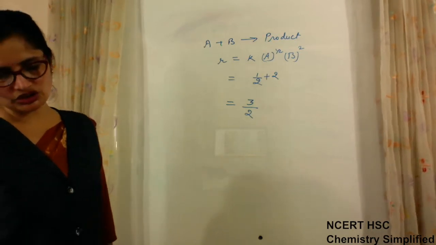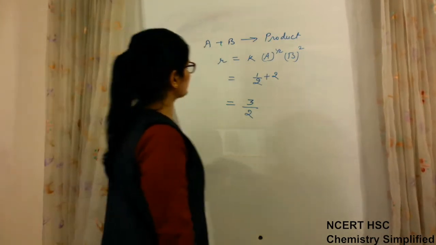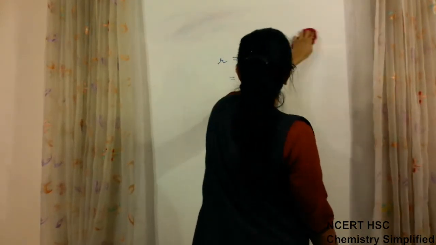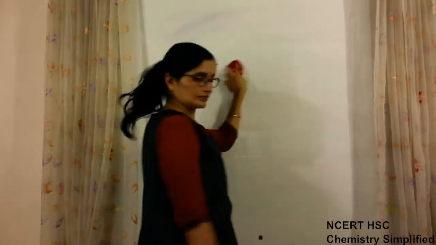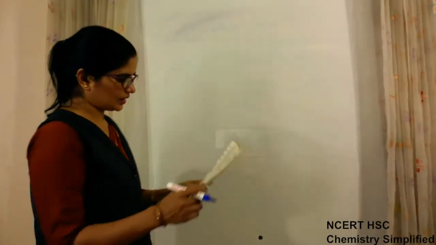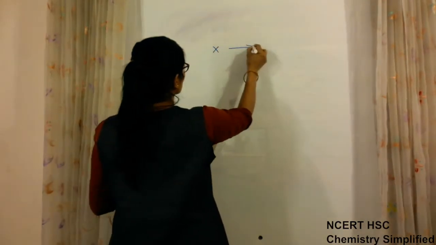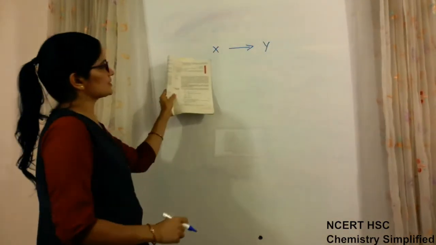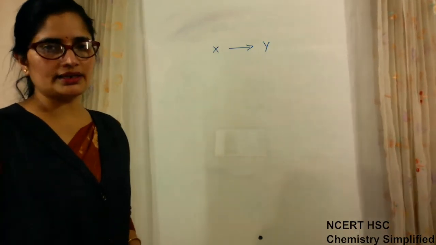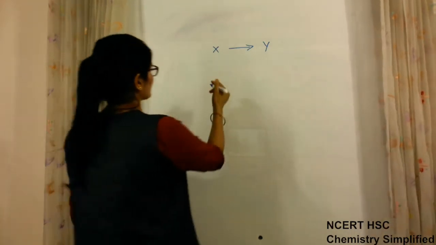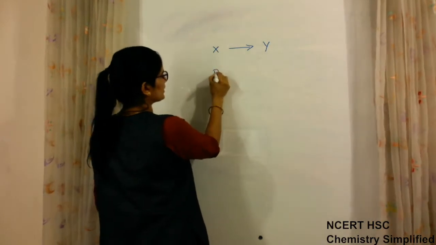Now the second question: the conversion of molecules X to Y, that means X is a reactant, Y is a product, follows second order kinetics. So first thing we will do is write the rate law.